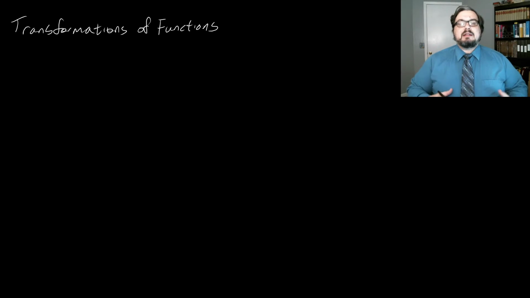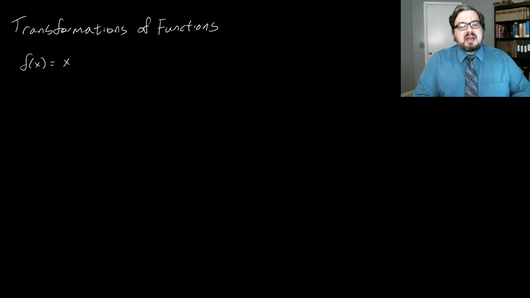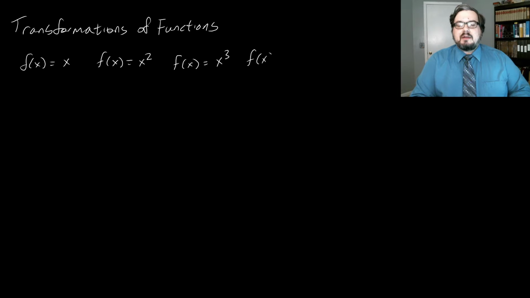Last time we looked at graphing functions, and in particular, we looked at the graphs of 6 common functions that we want to be able to remember and recognize the graphs of. They included the functions f of x equals x, f of x equals x squared, f of x equals x cubed, f of x equals the absolute value of x, f of x equals the square root of x, and f of x equals the cube root of x.